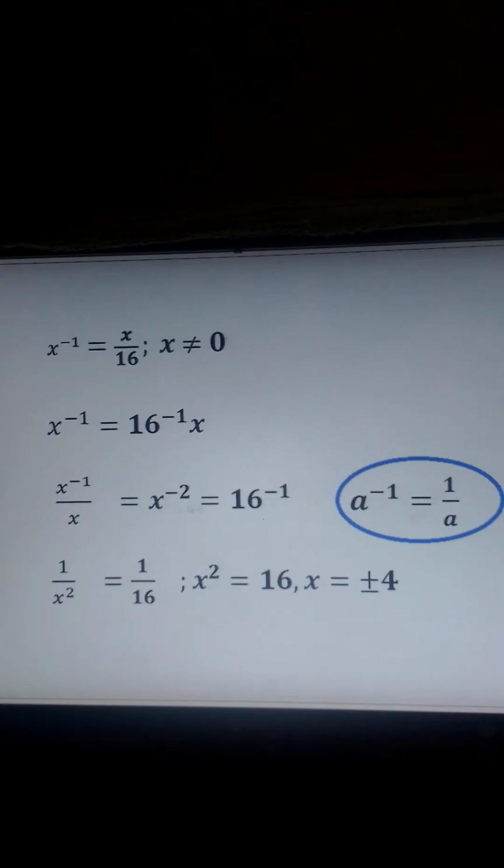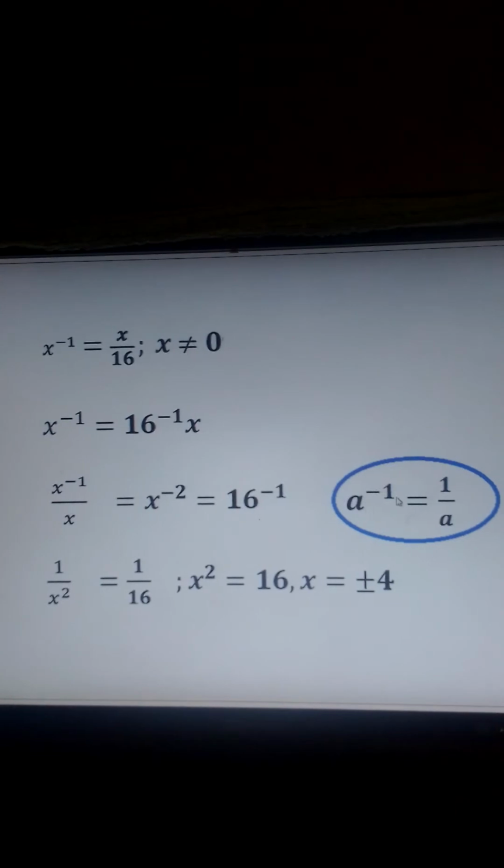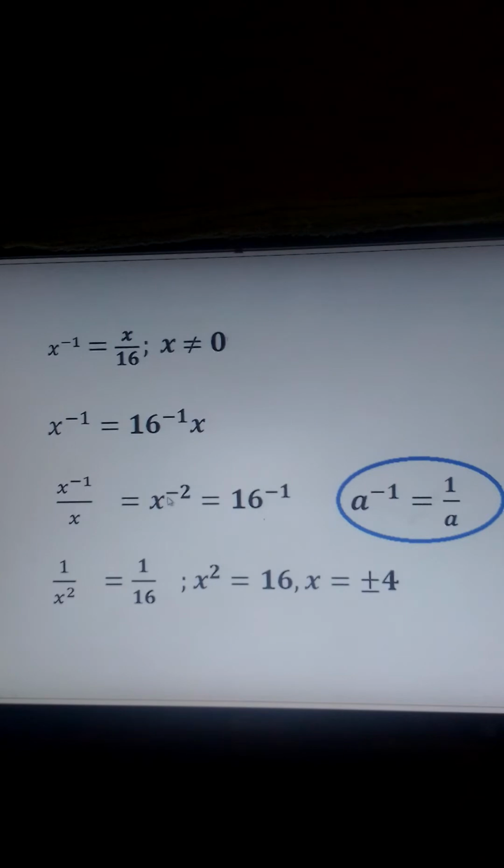Now, how can you write these two? x raised to minus 2 is equal to 1 over x squared. Remember this rule: a raised to minus 1 is equal to 1 over a. So x raised to minus 2 is equal to 1 over x squared, and 16 raised to minus 1 is equal to 1 over 16.